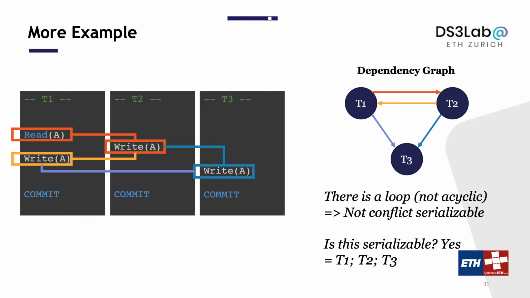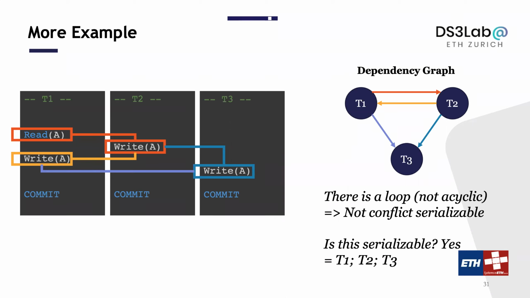But what's interesting is, let's think about whether this is serializable or not. We know it's not conflict serializable, but is it serializable? If you look at this carefully, it actually is serializable, because it's going to give you the same result as running T1, T2, T3. At the end of the day, all three transactions write to A, and because the last write to A is from T3, T3 is going to overwrite all the other transactions.